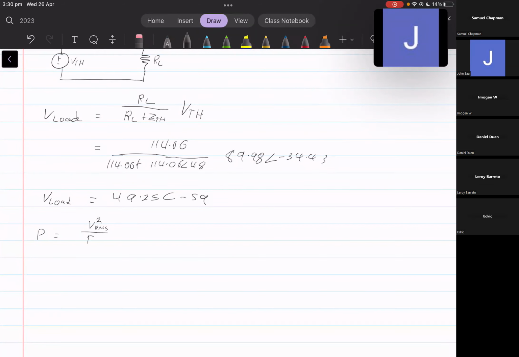Power is V squared RMS on R. Then all we have to do here is find V load in RMS. So that'll be 49.25 on the square root of 2, squared, on 114.06. And that's going to give us 10.6 watts.